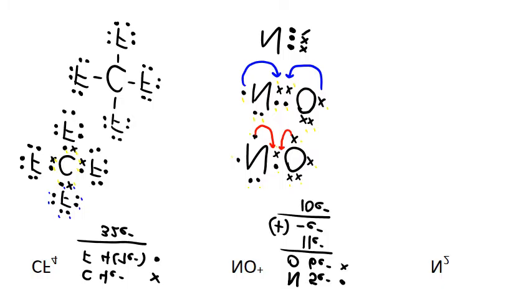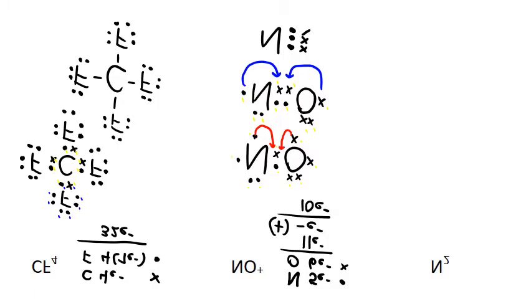So then I'm going to end up with, and I'm going to rearrange my dots just a little bit. My dots and my X's look more like pairs that way. Okay, now I've got 6 in the middle. Nitrogen still has 2 electrons left over. Oxygen still has 2 electrons left over.